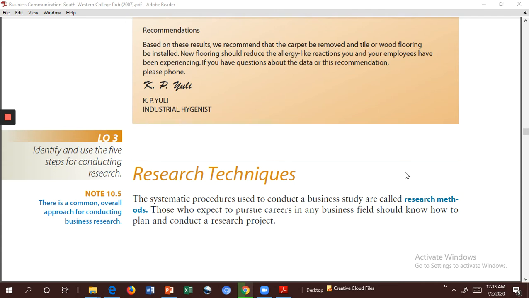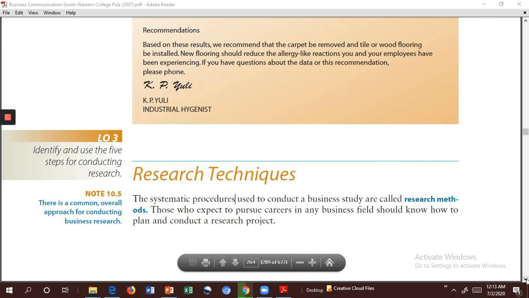For example, if you join as a marketing manager and sales are declining, that could be one of your concerns. The issue is there, and so you would like to carry out a study on that issue, right? So in that case, you are basically engaged in business research.